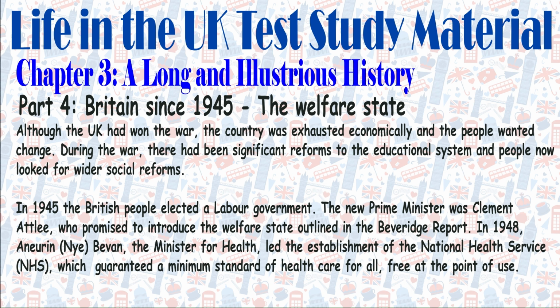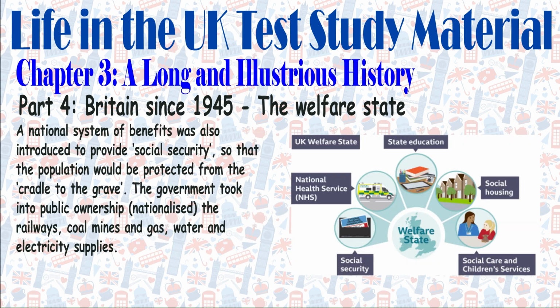In 1948, Aneurin Bevan, the Minister for Health, led the establishment of the National Health Service, NHS, which guaranteed a minimum standard of healthcare for all, free at the point of use. A national system of benefits was also introduced to provide social security, so that the population would be protected from the cradle to the grave. The government took into public ownership, nationalized, the railways, coal mines and gas, water and electricity supplies.